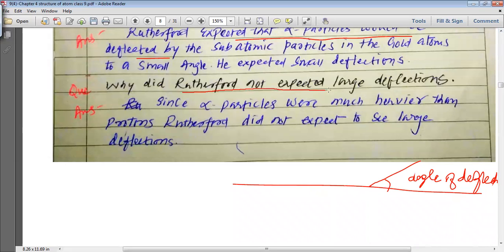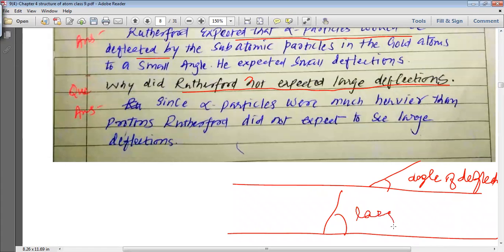What did Rutherford not expect? Why did Rutherford not expect large deflections? Why is this angle not so big?